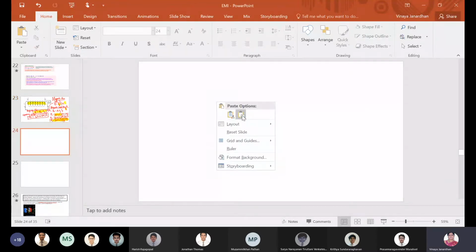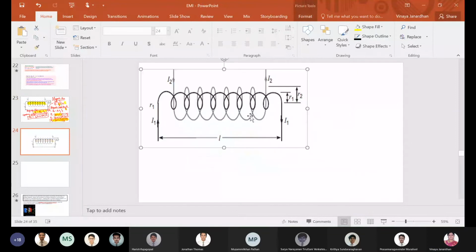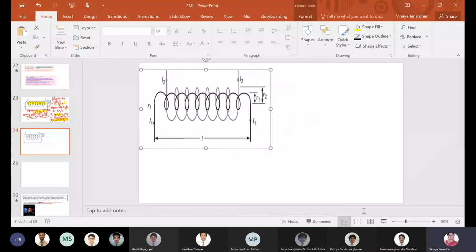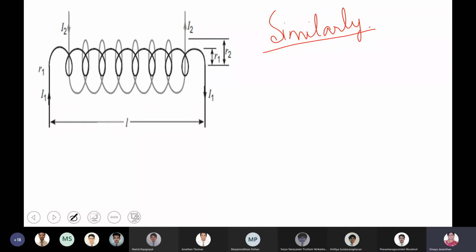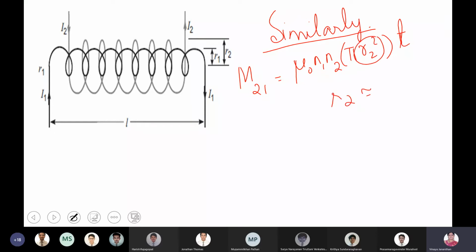First, let me complete this because now, when you are deriving, you can write similarly the extent to which EMF can be induced in the secondary coil, that is M21 is equal to mu naught N1 N2 pi R2 squared into L. Now here your R2, I'm roughly taking it as R1.